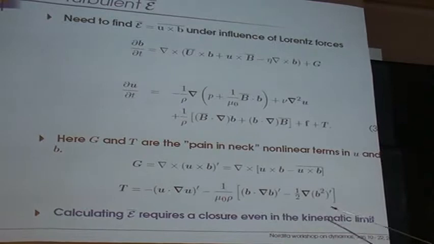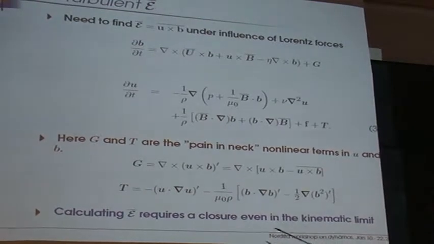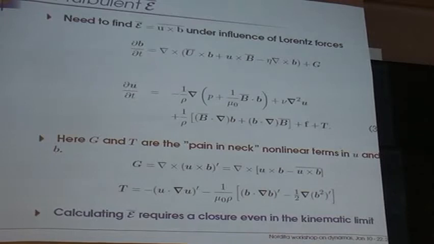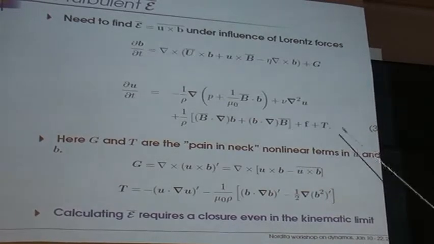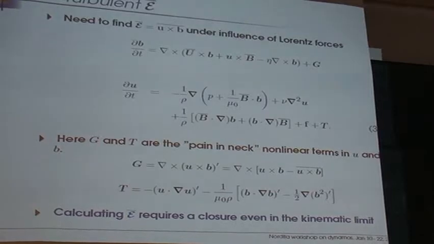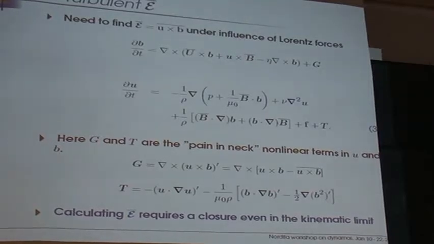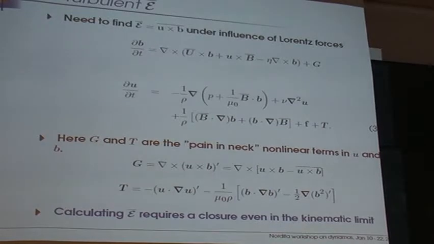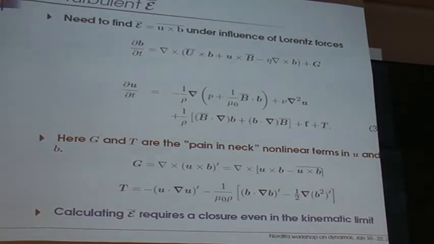And as I emphasized, even calculating this electromotive force in the kinematic limit requires a closure. And obviously, if you are trying to calculate something in the nonlinear limit, it will require some closure. And closures are things which you can argue about forever and not get anywhere. If it works, you are happy.